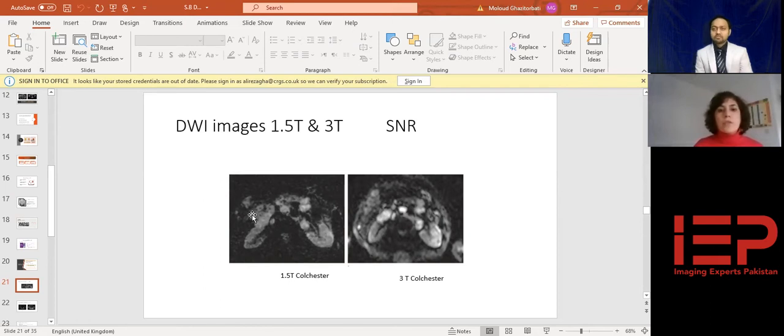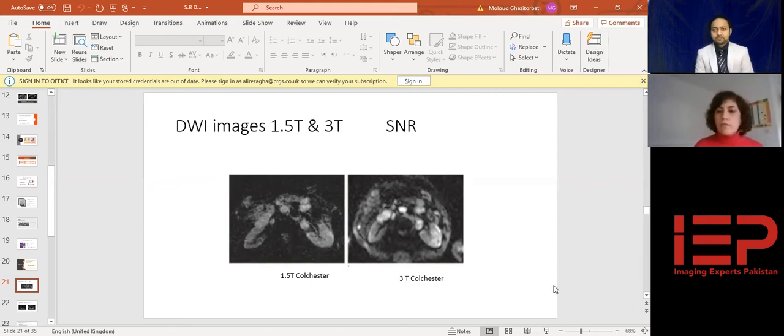And these images, which I took in our centers, are the proof. This is one slice of small bowel imaging using DWI at 1.5 and the corresponding slice at 3T. As you can see, it's very obvious, you have more signal all about here compared with the 1.5 image. So this is one advantage.